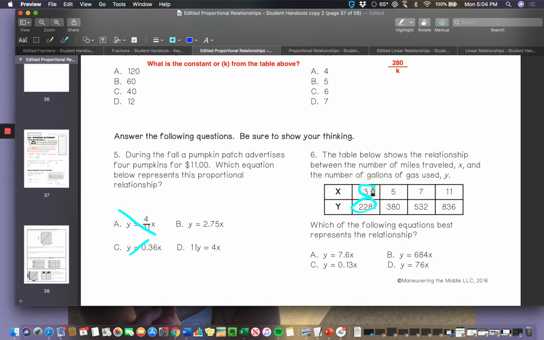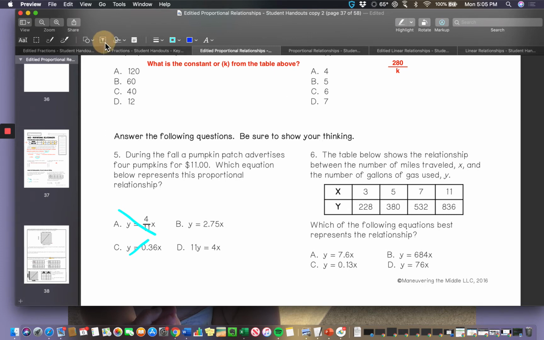So 228 divided by 3, 380 divided by 5, 532 divided by 7. And make sure that when you're doing this, you're taking y and dividing it by x. And remember, you're going to take the big number and divide it by the little number. I know that's an old rule you used to do in elementary school. You know, you're basically flipping your thinking here.